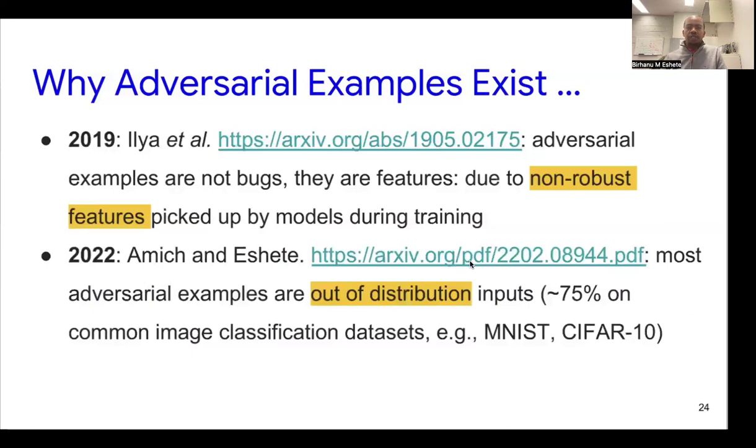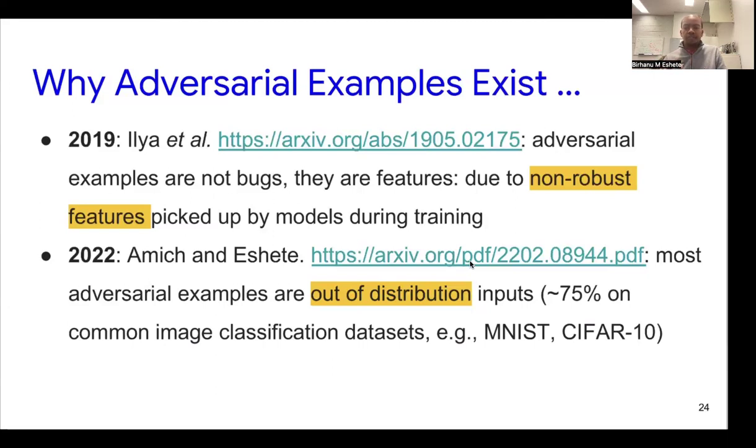And in 2022, we also looked into this problem in our lab. One of the key observations that we make is that most adversarial examples turn out to be out of distribution inputs. That means once you apply perturbations and position the adversarial examples with respect to the original data distribution of the target model you're trying to attack, it appears that roughly 75% of adversarial examples on image classification models like the MNIST dataset or the CIFAR-10 dataset happen to be out of distribution.